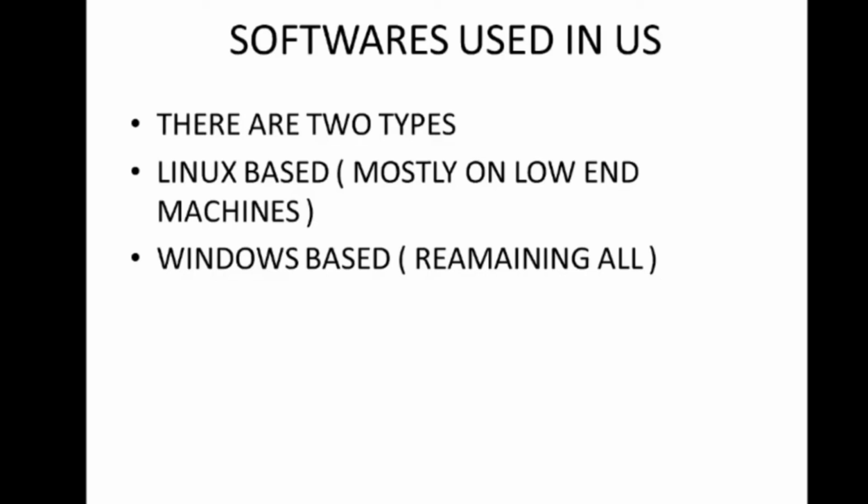Below the ultrasound there will be a small port, and in that we have to fix the probe, and only then can we scan. In Windows based ultrasound machines there will be 2, 3 or 4 ports, but in Linux based you will have only 1 or 2, and a portable machine will have only 1 port.